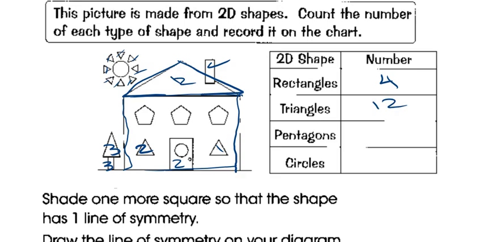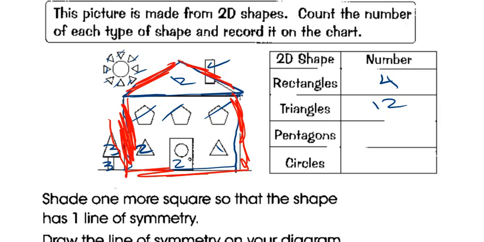We have here three pentagons and one for the bigger house. Here is a pentagon. Look at the pentagon here. This is a pentagon also. So we have here four pentagons. How many circles? Let's count the circles. One small, one, two, three, three circles.